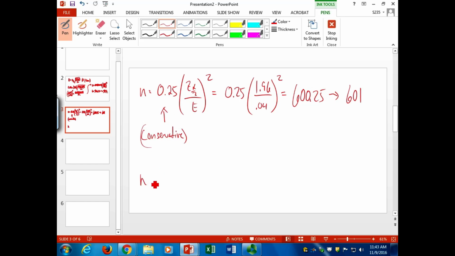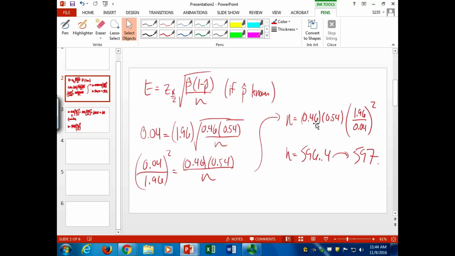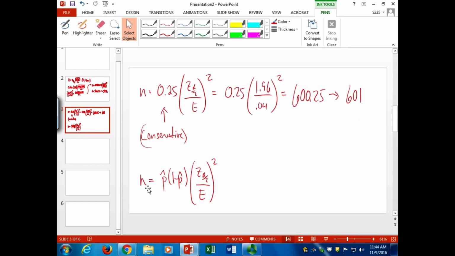But if you actually had that, it would just be p hat times 1 minus p hat for that part. You'll notice that's actually what we ended up doing. It was p hat times 1 minus p hat times z over e squared. So you could also just shortcut if you like formulas and shortcuts.